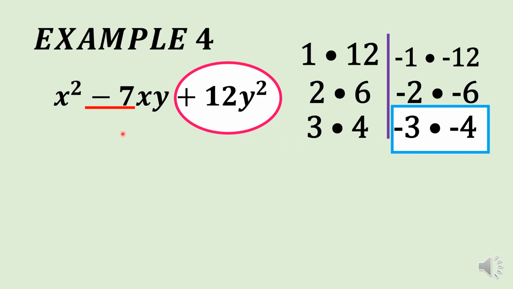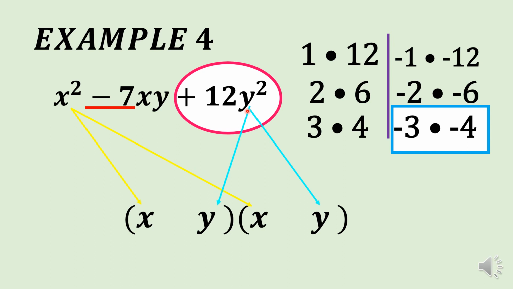Okay, so last step, so you need to factor now x squared. And also, since meron din tayong variable dito sa dulo, factor din natin yung y squared. So, isusulat natin siya ng ganito. Okay, so x blank y and then x blank y. So, ano ilalagay natin dito sa blank?